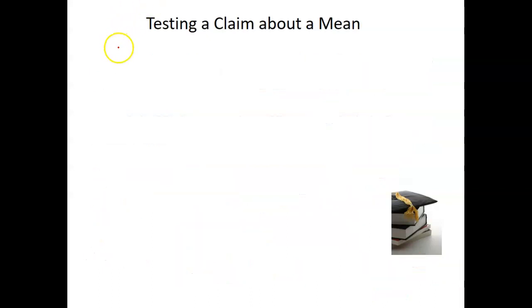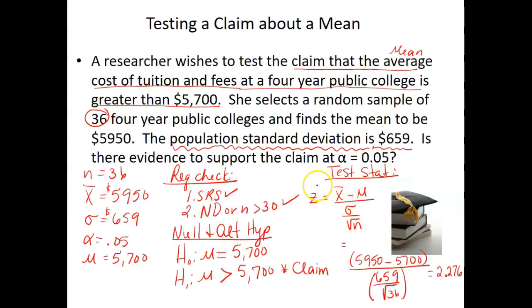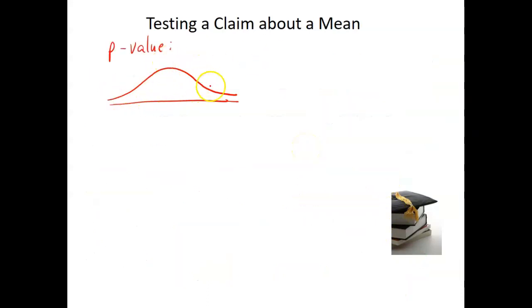Okay, moving on, our next step is to find our p-value. Because this is a z that we're working with, our z-test statistic, we're going to use a normal distribution. So this is back to a normal distribution. We said that our z-test statistic is 2.276, and this is a greater than, so it's a right-tailed test.